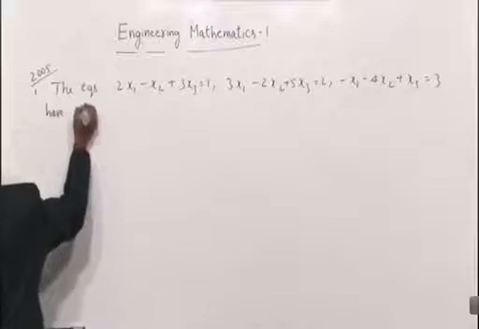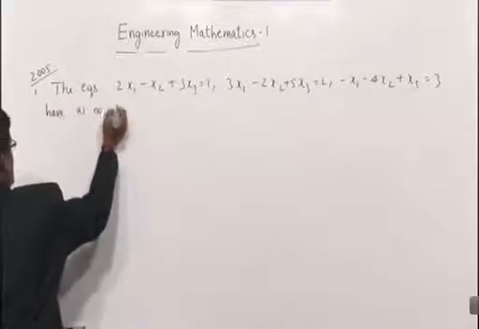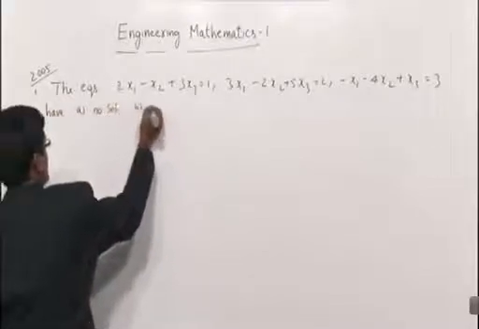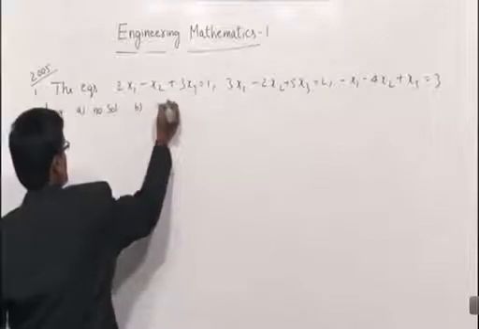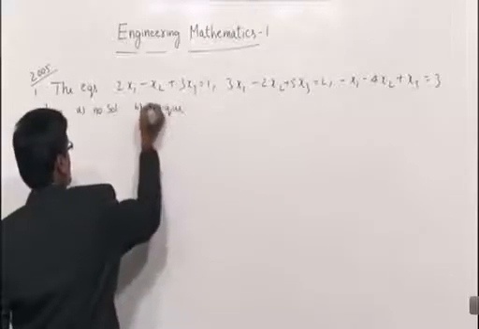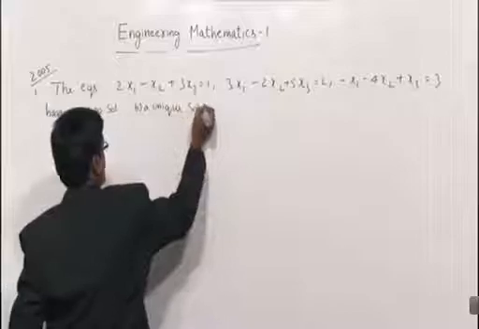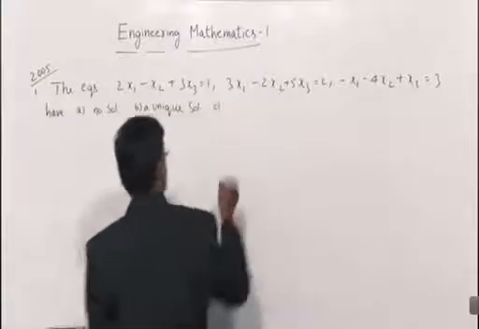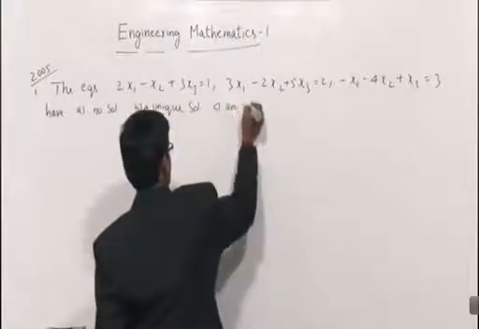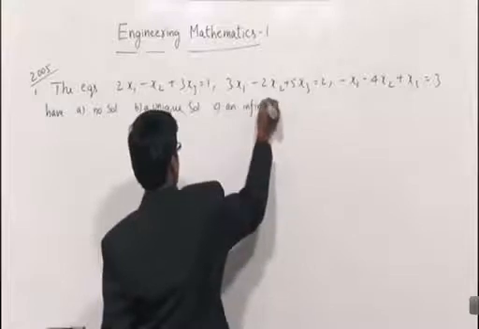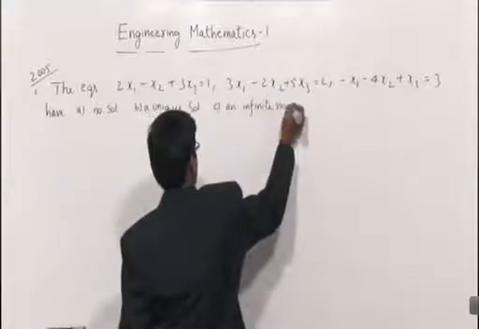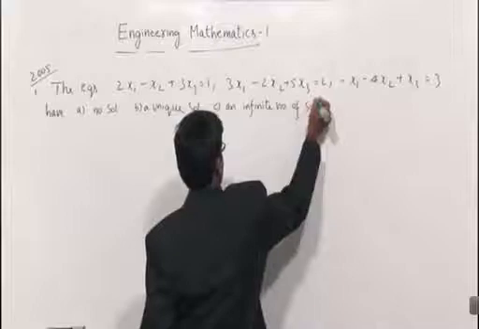Option A, no solution. Option B, a unique solution. Option C, an infinite number of solutions.